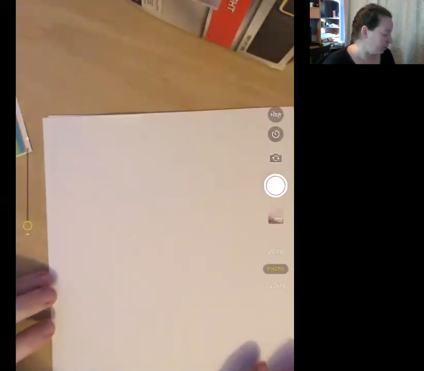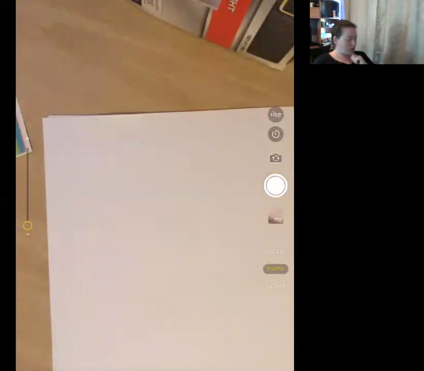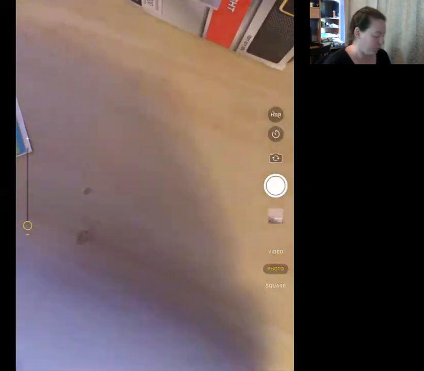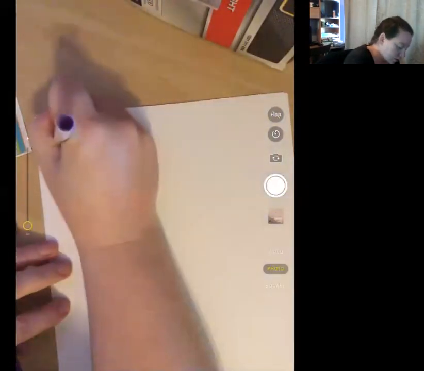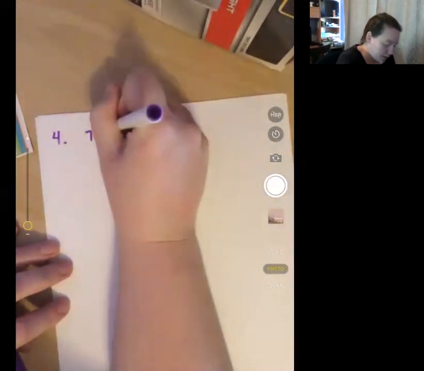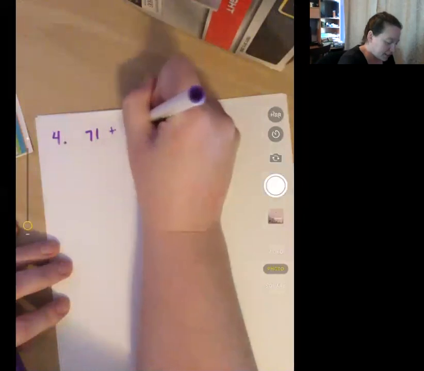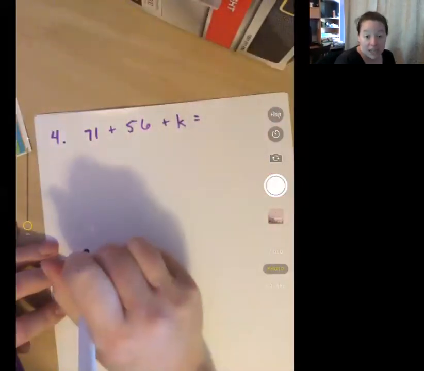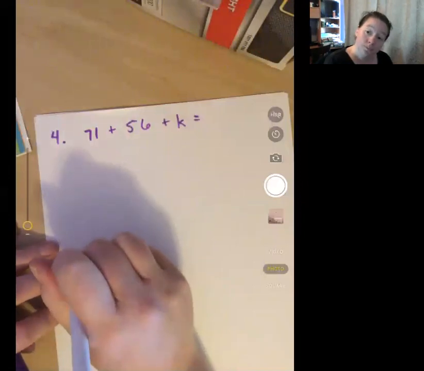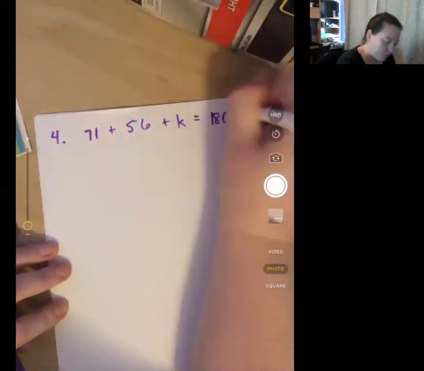Finding the missing angle measures in triangles. So it sits here and it just goes through what I was showing you before in the notes. Down at number 4, it wants to know what the measure is. We are given an angle of 71. We are given an angle of 56, and we are given K. Altogether, they are equal to 180 degrees.